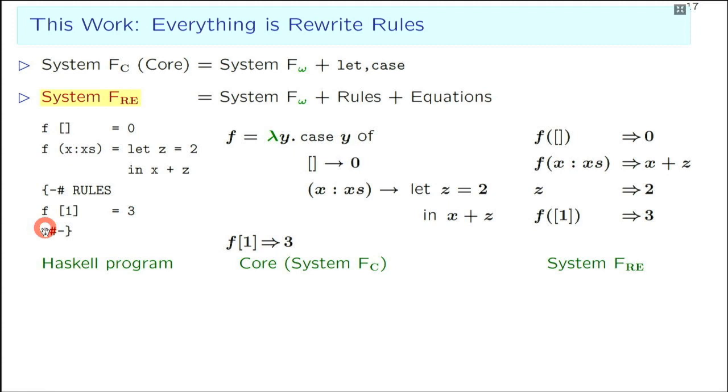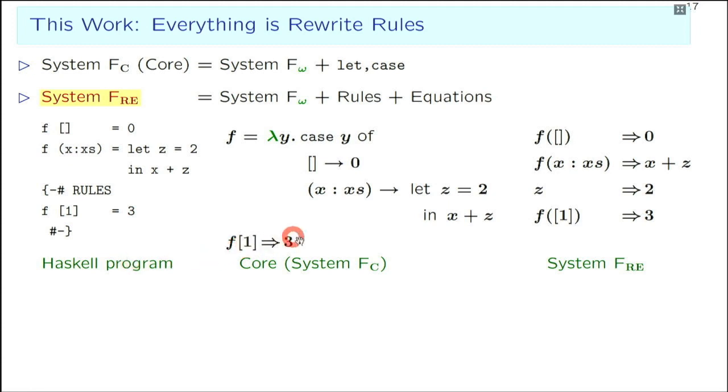In the desugaring process of GHC, this Haskell program is translated to this Core binding, whose right part is usually a lambda expression involving case and sometimes letrec, like this. And the rewrite rules are just translated to rewrite rules on Core expressions.